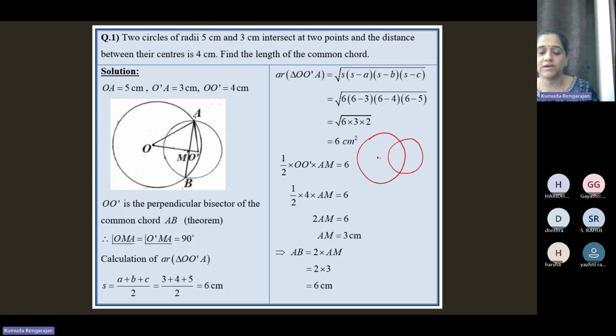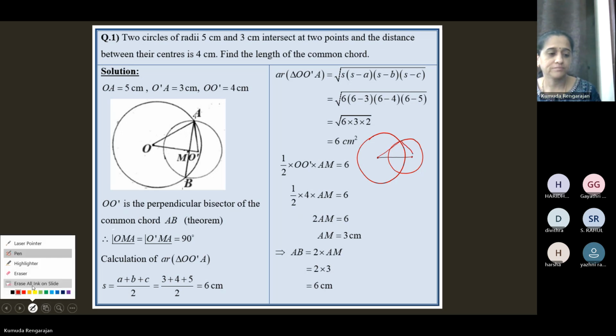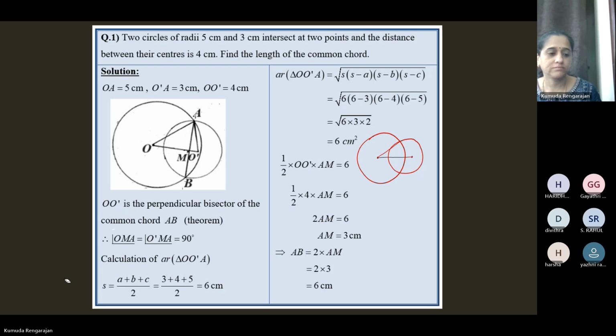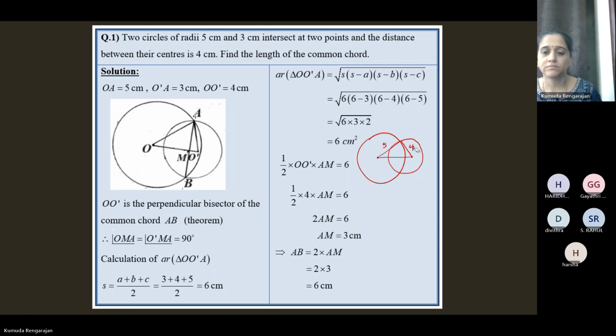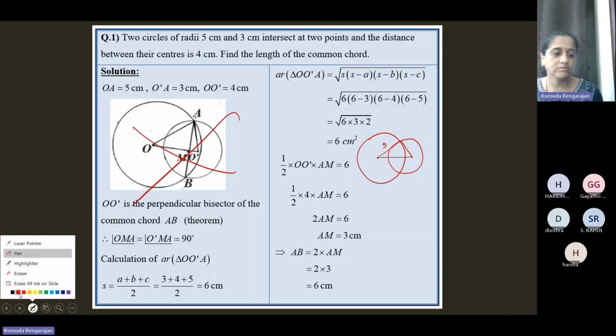So you can also draw the diagram like this. Look at this figure. Now this looks a little difficult to draw, so leave this.